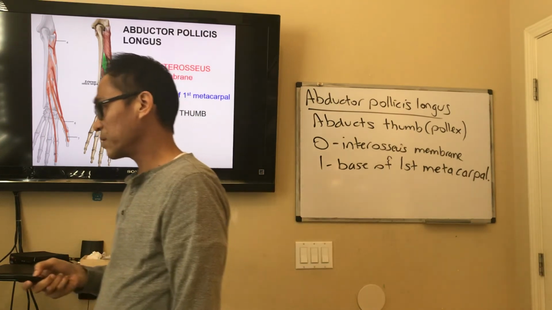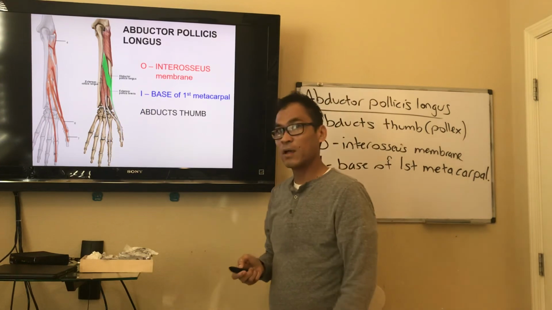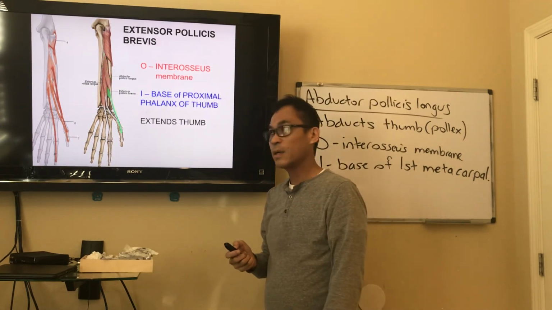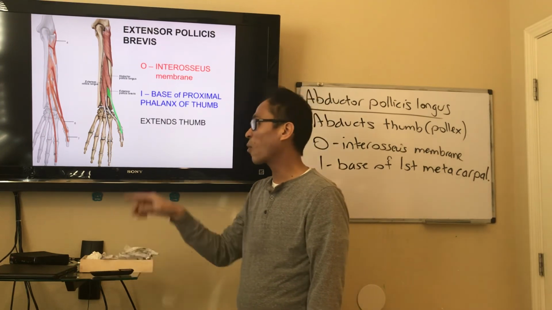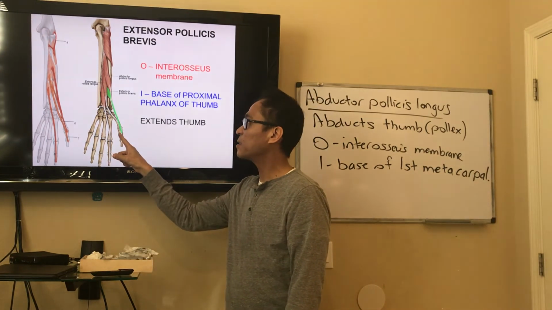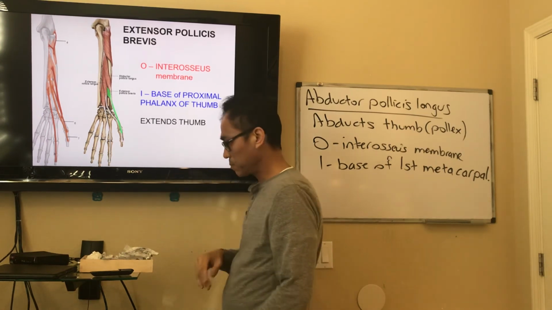Extensor Pollicis Brevis. Once again, Abductor Pollicis Longus in green. Extensor Pollicis Brevis extends down a little more and inserts on the base of the proximal phalanx of the thumb.